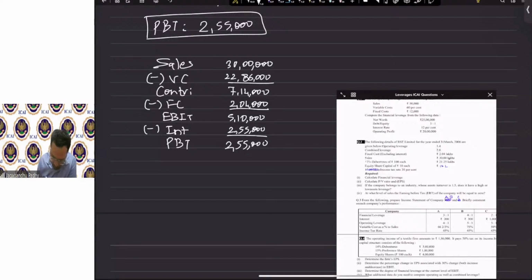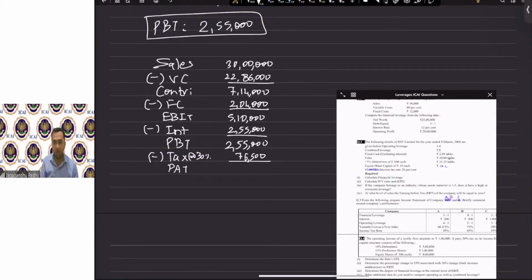And then from that, we subtract the tax. We have the tax rate given to us, 30%. 2 lakh 55,000 into 30% is 76,500.